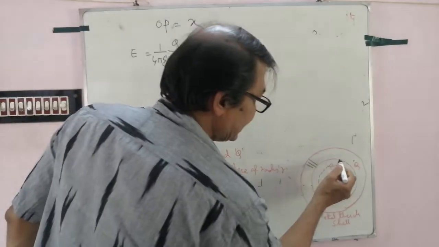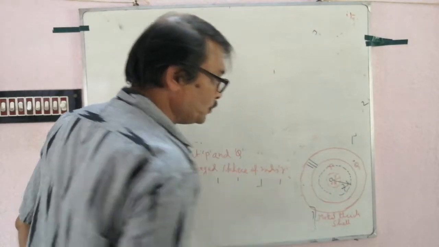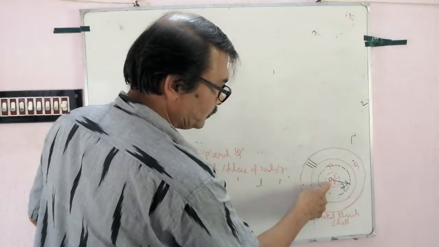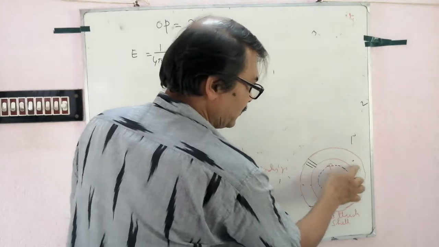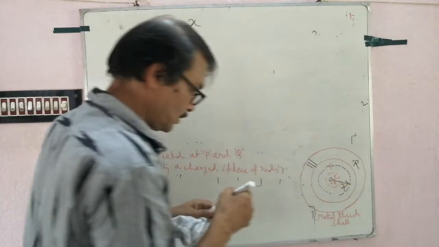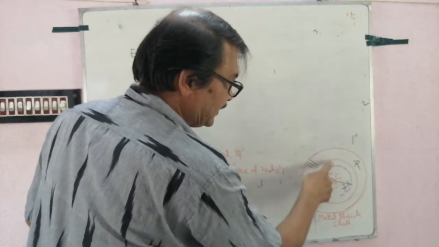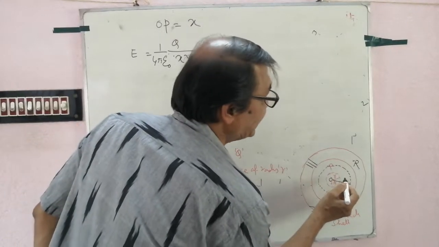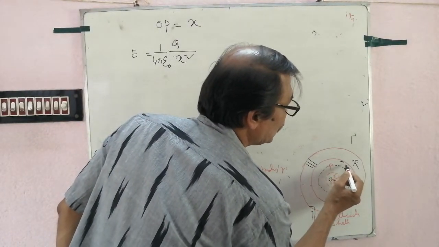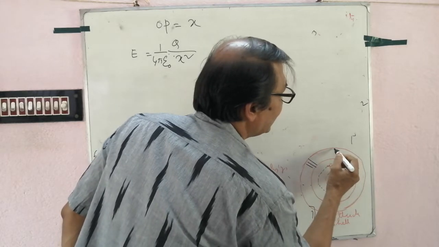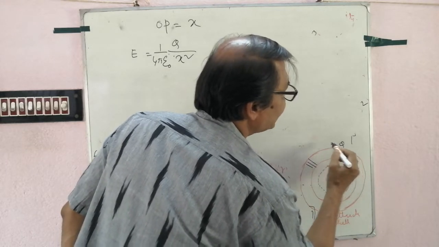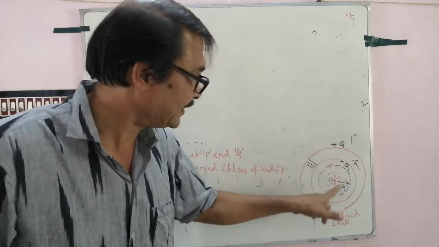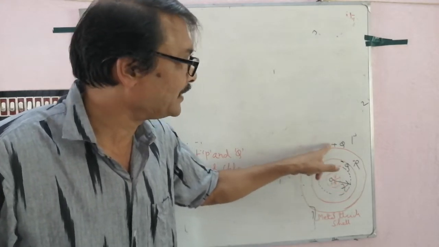But in the metallic region, at Q, follow. At the point R, this is the inner surface of the metallic shell and this is the outer surface. So due to induction, the nearer surface gets negative charge, minus q, and the outer surface gets plus q.